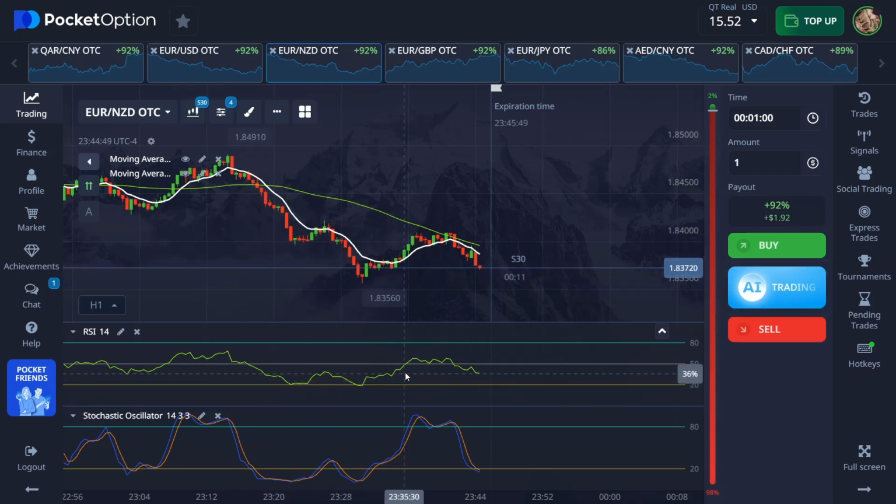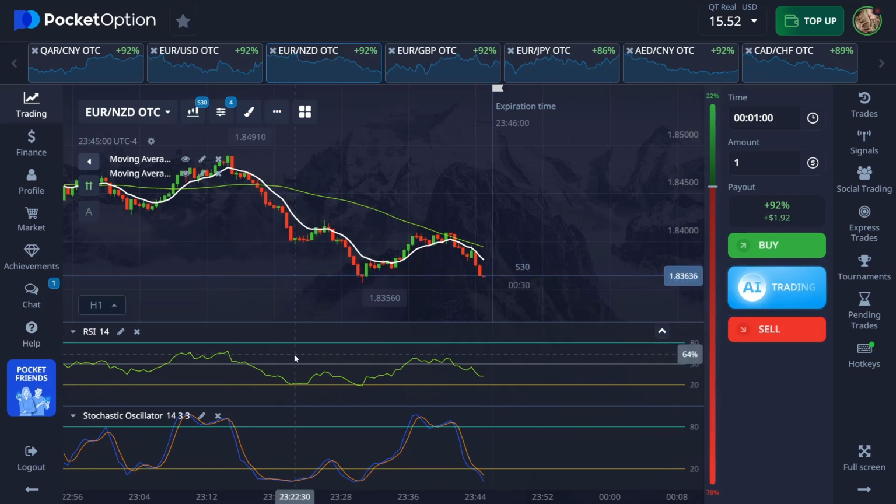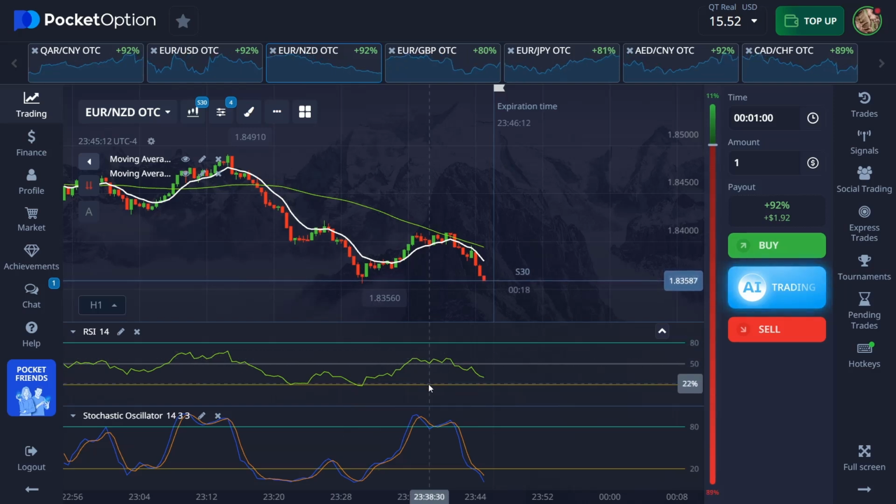This is just price action right here. Look, our price is moving the same way. Now you have the upper level, the 80 level, the middle level, which is the 50 level, and then the level at the very bottom, which is the 20 level.